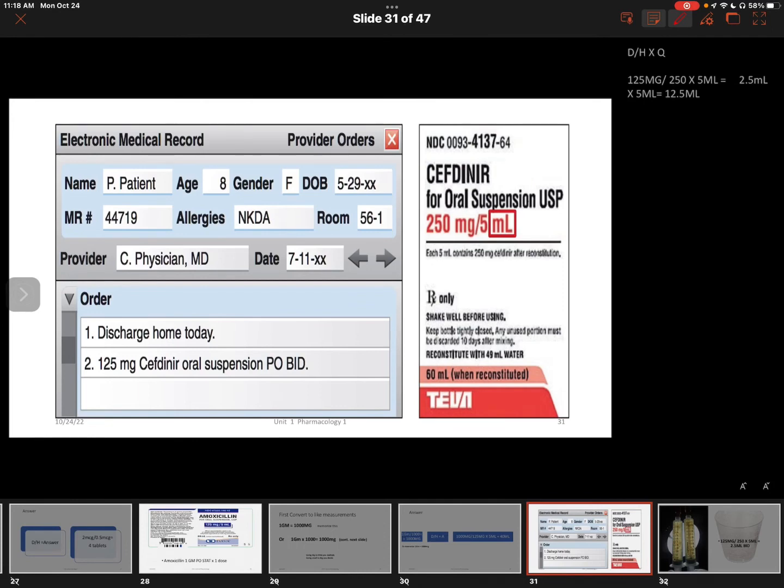Here's an electronic medical record. It's showing a patient, the age, the gender, the date of birth, a medical record, allergies, the room number, the physician, and the date. The discharge is happening today. The patient will go home taking 125 milligrams of cefdinir oral suspension, PO, BID, which means twice a day.